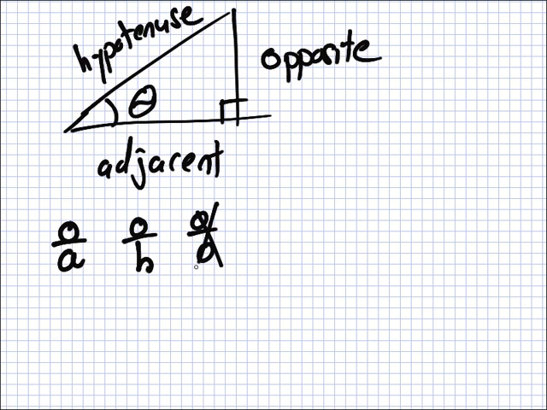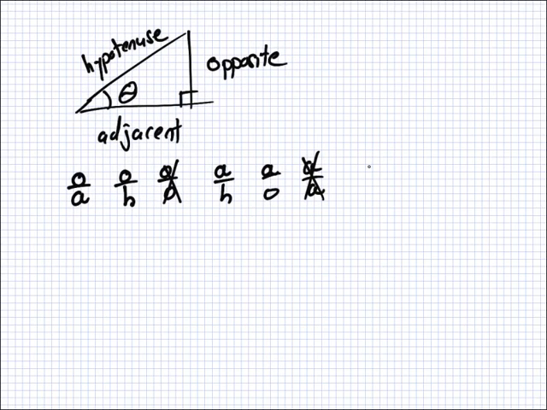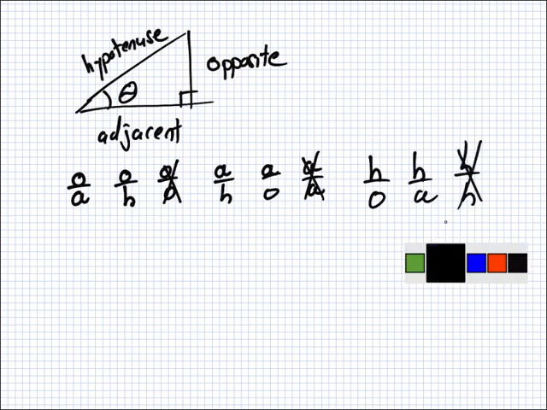But of course that one doesn't really make any sense to be doing. You can compare the adjacent with the hypotenuse, you can compare the adjacent with the opposite, and the adjacent with the adjacent, which again doesn't really seem useful. You can compare the hypotenuse with the opposite, the hypotenuse with the adjacent, and the hypotenuse with the hypotenuse, which doesn't seem useful.